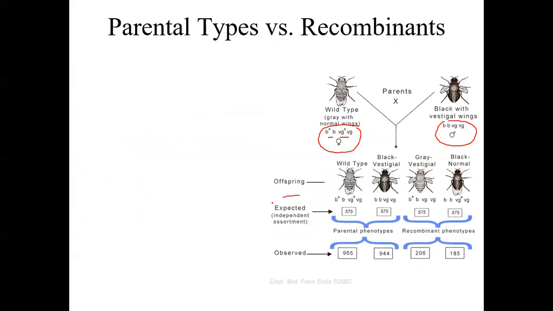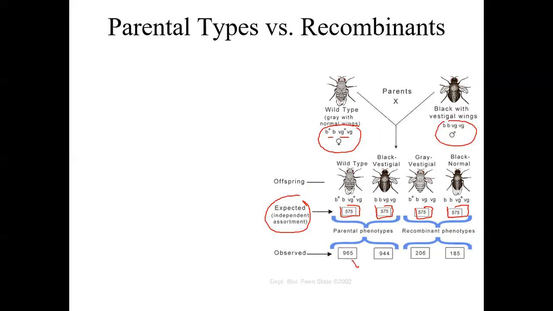Now, this is something that we need to consider. If you had a population size and you took these two flies and you're expecting to see this nice 1-to-1 to 1-to-1 ratio, that means that the genes for color, whether the body is black or gray, and the genes for wing type, whether it's vestigial or normal, are expected to be on different chromosomes.